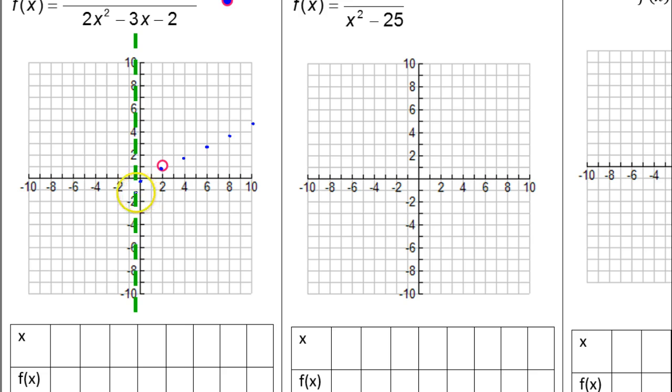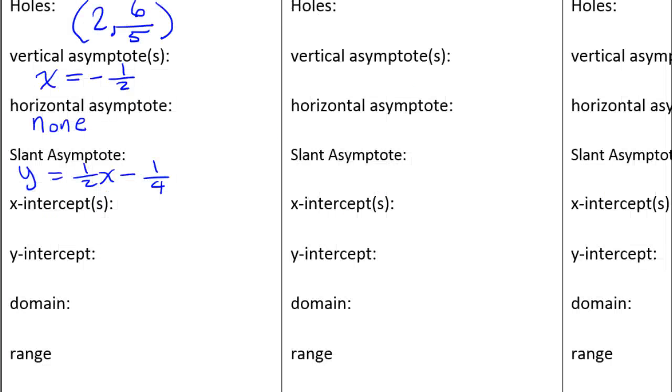And if I go down 1 back 2, I can do it in the other direction. Okay, so this is where the slant asymptote is going to be. I'm going to go ahead and graph this properly. All right, so there's my slant asymptote. Now it's time to find the x-intercept.